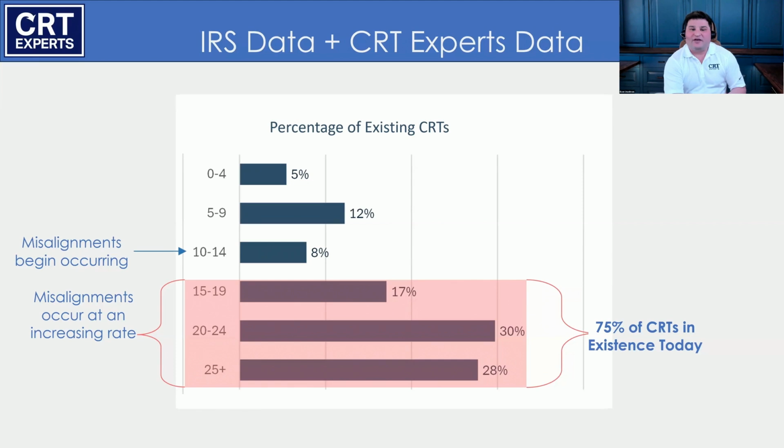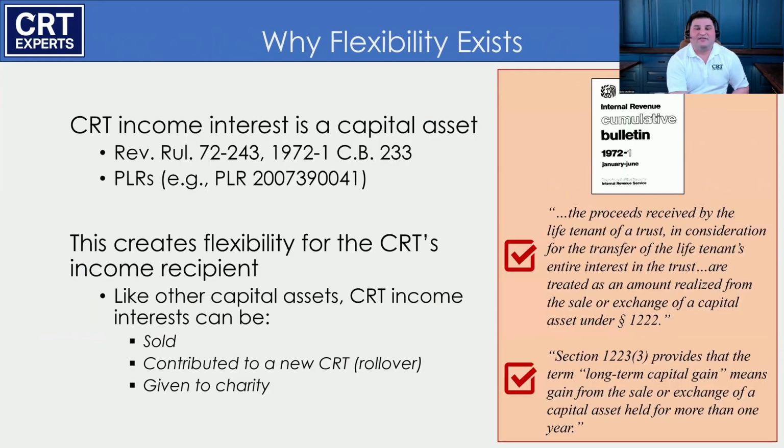Before we talk about fixing those misalignments, let's hit on the tax and legal here, which is pretty straightforward. So everything goes back to a 1972 revenue ruling. You can see it up there on the screen. And what that revenue ruling says is that an income interest in a trust, not just a CRT, the life interest in a trust, any trust, is a capital asset.